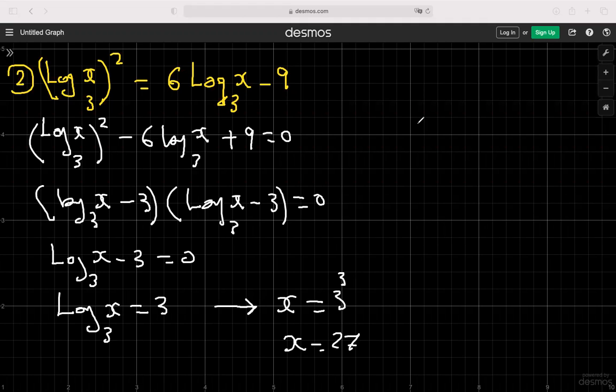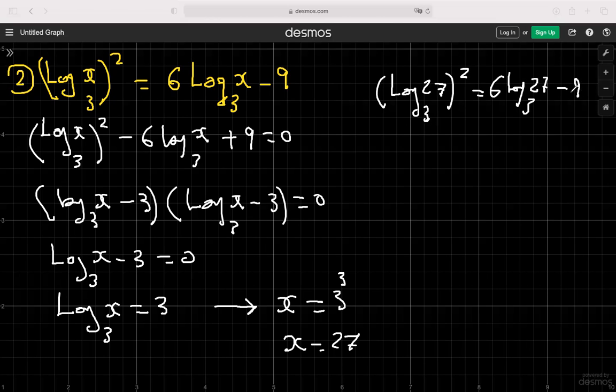Let's say you want to check and make sure this works, then you go log base 3 of 27, because x is 27, all of that squared, minus 6 log base 3 of 27, plus 9.